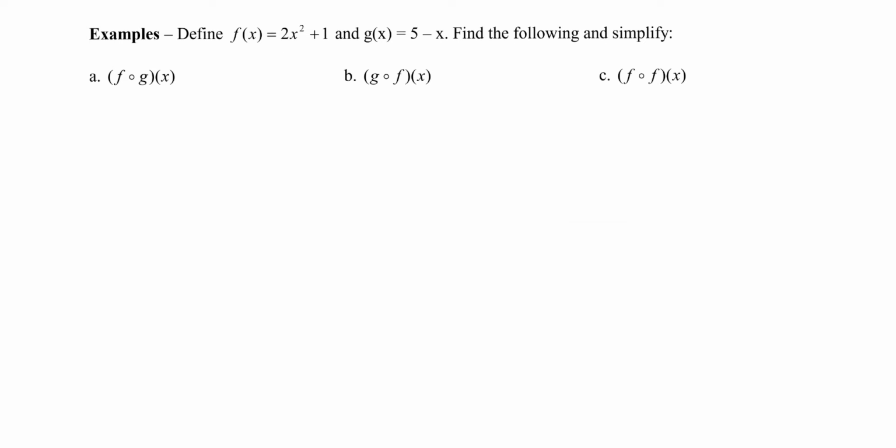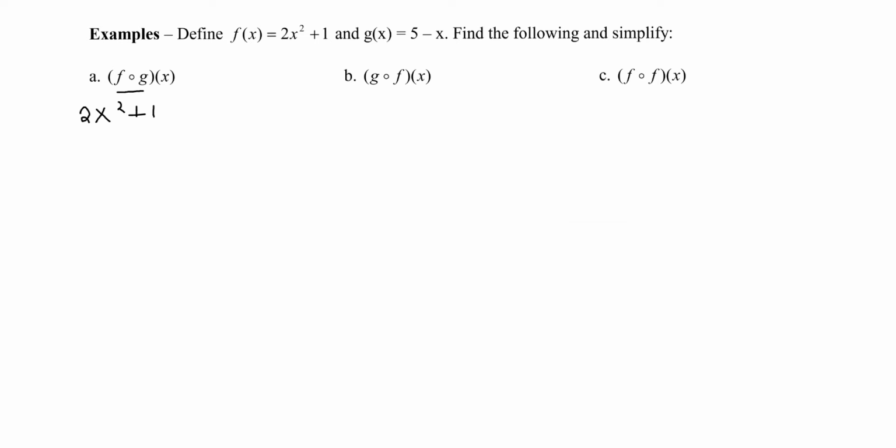All right, next we're going to look at composite functions. Composite functions is when you evaluate a function at another function. This is f composed with g of x. So really what you're going to do is, since f is first, you're going to take the f function, which is, in our case, 2x squared plus 1.